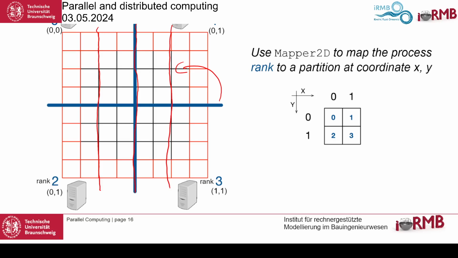Anyway, it would increase the work, but it would also do something else. The 2 here in the middle would have to communicate with 2 sides, whereas the outermost would communicate only with 1 side.